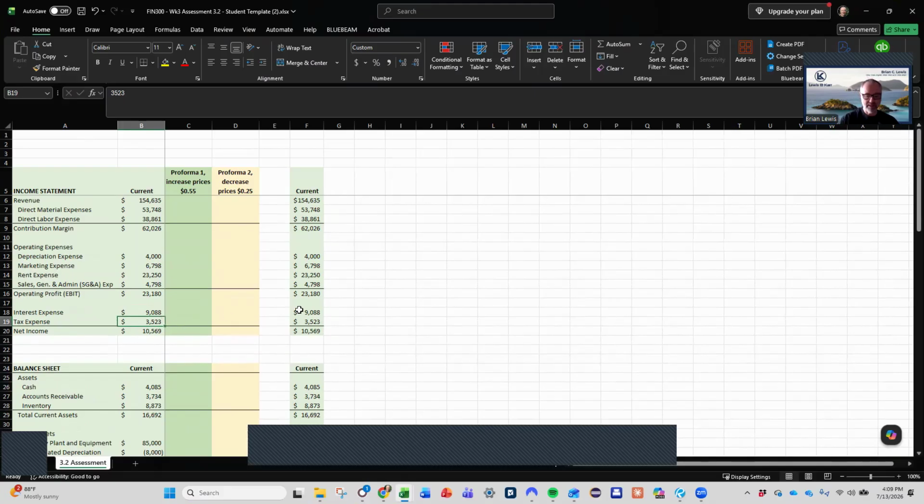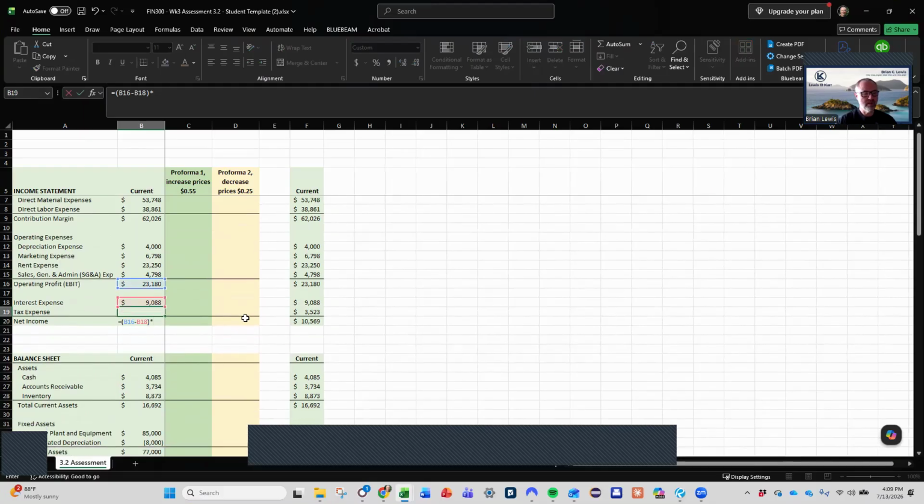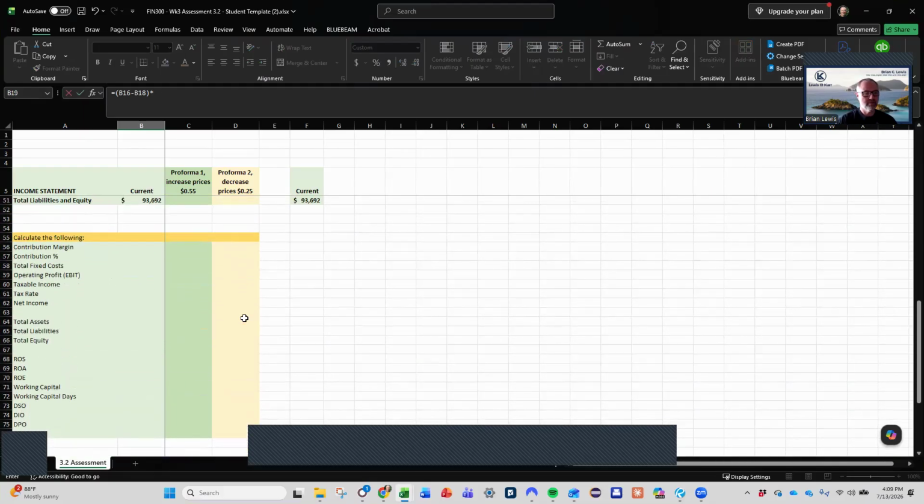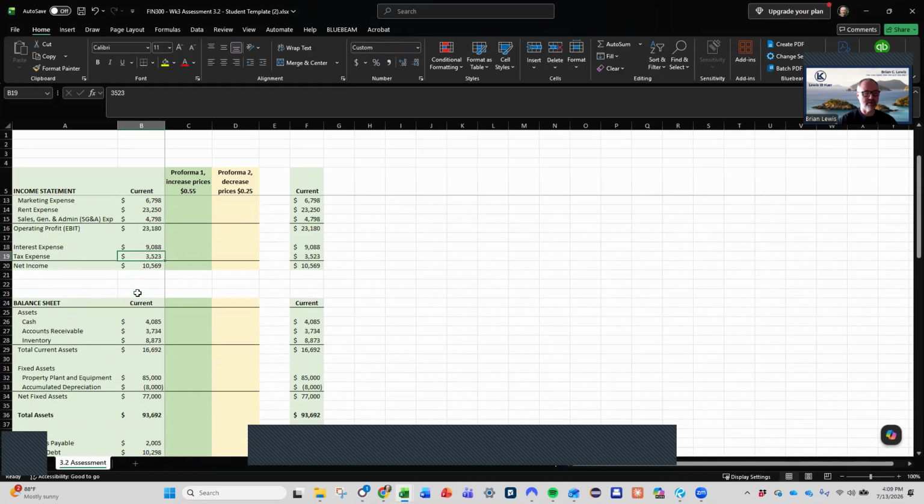Now, what that should be is equal, let's say, we're going to take EBIT minus the interest, and we're going to times that by the tax rate. Now, do they have the tax rate down here? No, they don't. So we're going to impute the tax rate. Go the other way around.